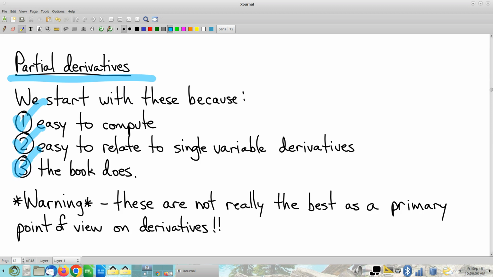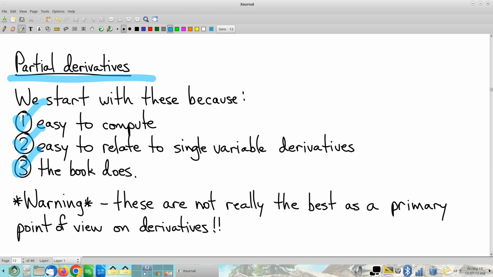And the book does it this way, and that just for logistical reasons makes it hard to do something different. And in past years, I have deviated from the book and gone off and done things in an importantly different order, kind of like I did with cross products and determinants, except it's a much bigger deviation, and it's just not worth it, frankly.